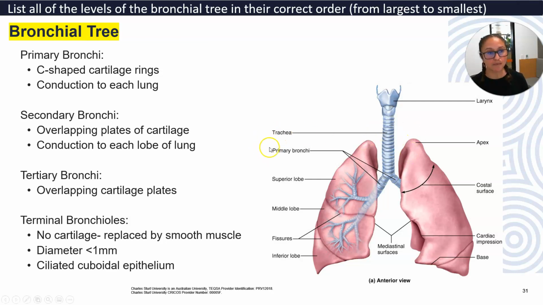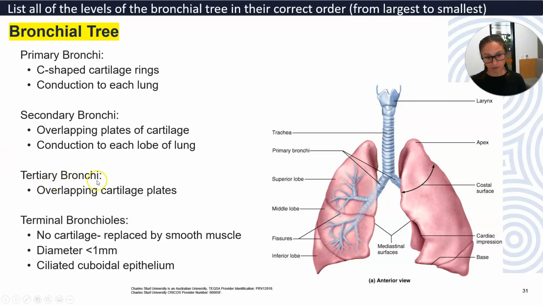You've got your primary bronchi, one to each lung. Secondary bronchi go to each lobe. Then we're going to divide again. So how many secondary bronchi would you have? You would have 3 on the right side, and 2 on the left side, 1 for each lobe.